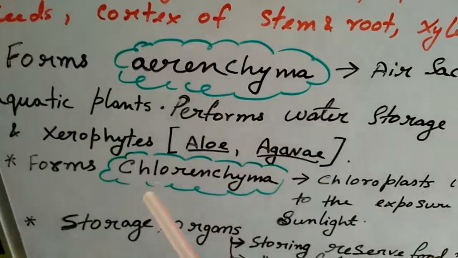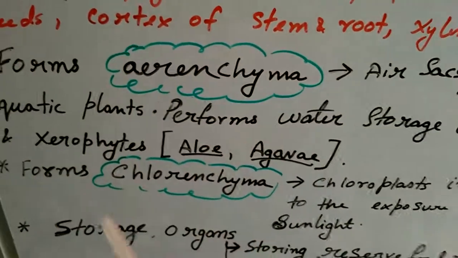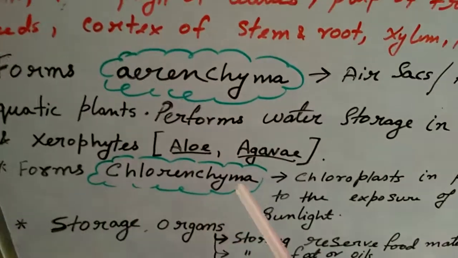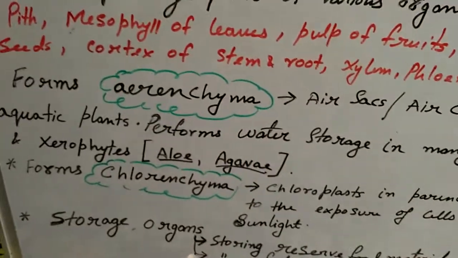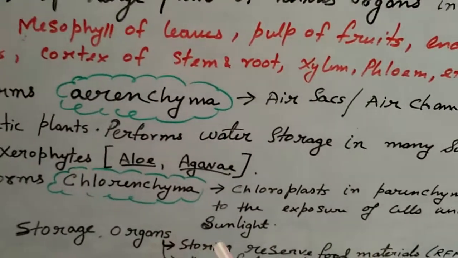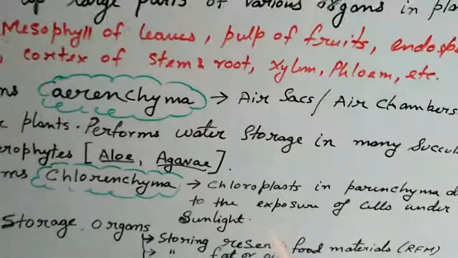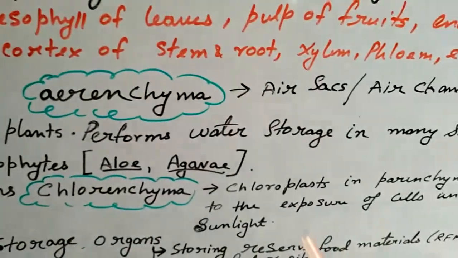Other type of parenchyma is chlorenchyma. The name itself gives you an idea that chloroplasts are present. So if you take parenchyma cells and expose those cells under sunlight for a certain period of time, then those cells will develop chloroplast.